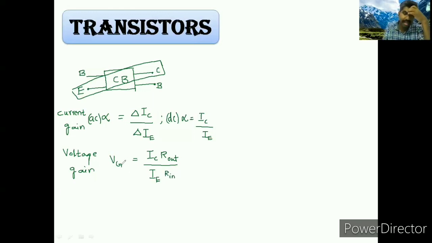So here voltage gain is nothing but current gain into resistance gain. From that we can write this formula. So this is one slanting line in a triangle. First case over.